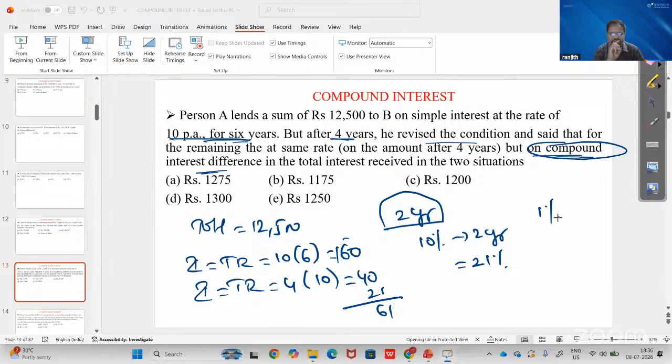So two situations. After 4 years, he revised the condition and said that the remaining is at the same rate but on compound interest. On compound interest, 2 years will be equal to 21.